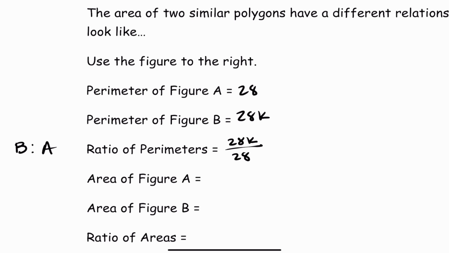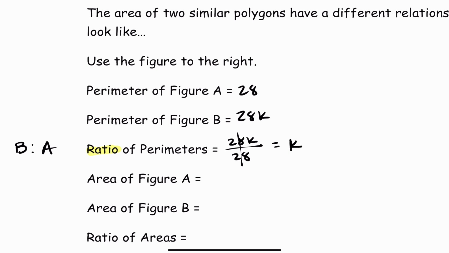Now, 28K over 28 is what I have. But remember, we're dealing with a ratio, and with ratios we must simplify. So I can simplify by canceling both the 28s out, and that leaves me with K.